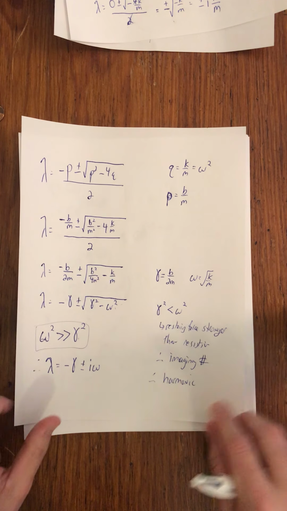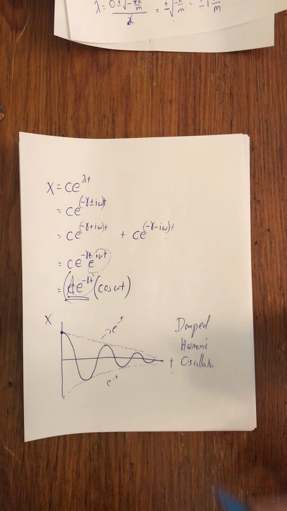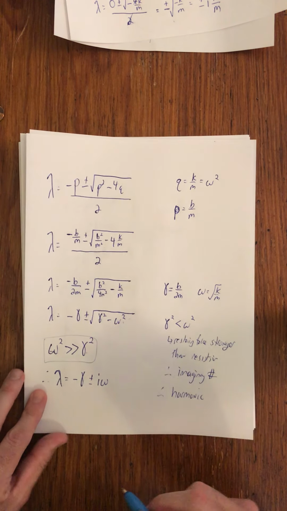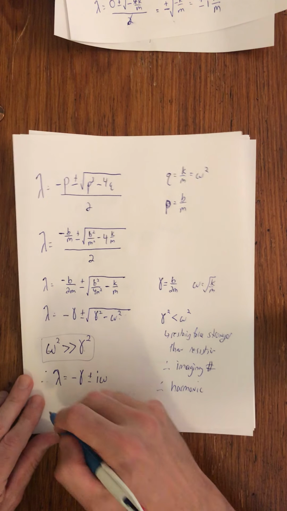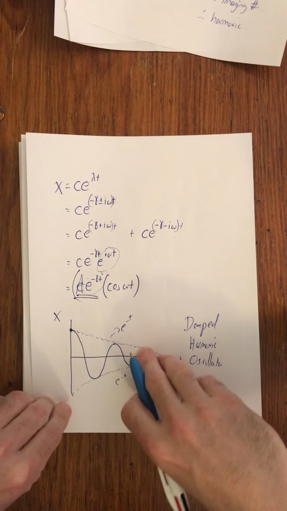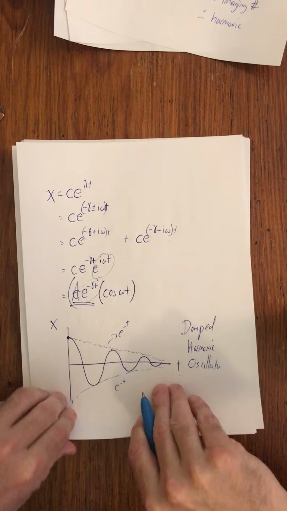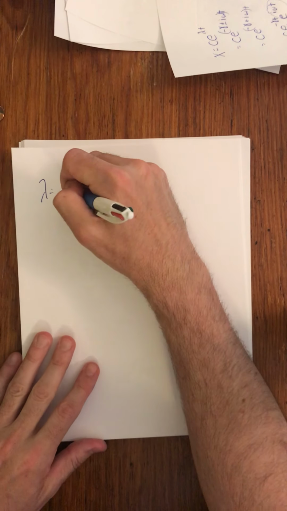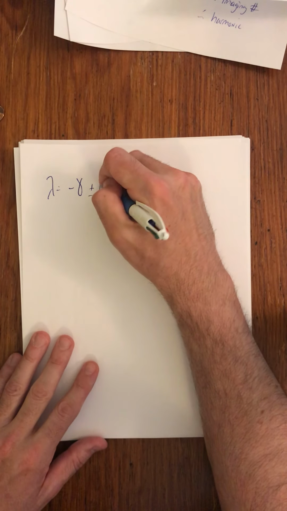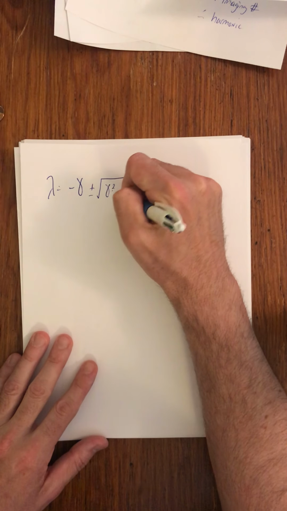It's just that the function is not going to look as neat. But something interesting happens in this analysis if, going back a couple pages, I've got lambda is equal to negative gamma plus or minus the square root of gamma squared minus omega squared.